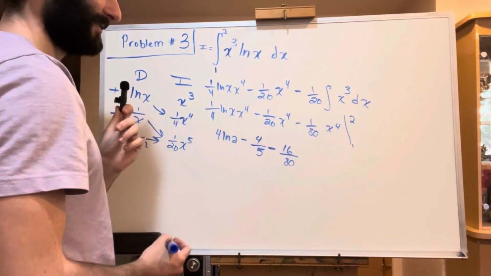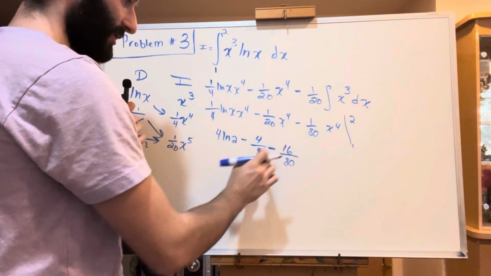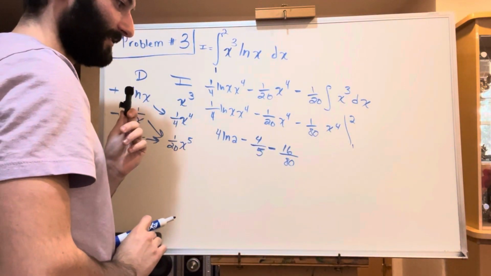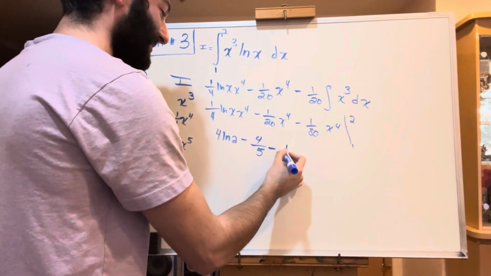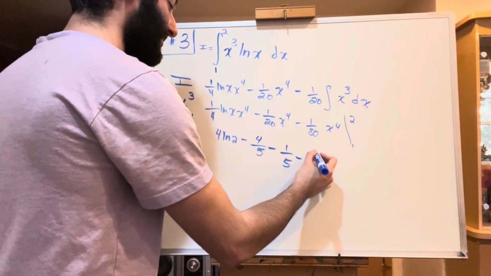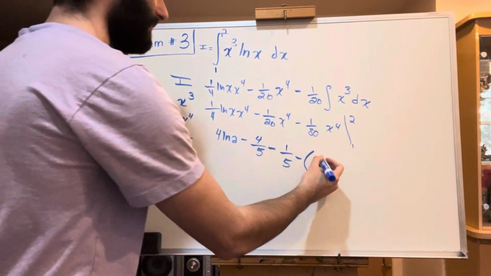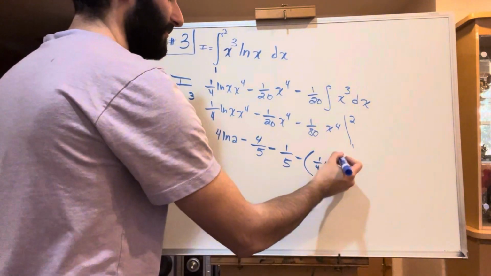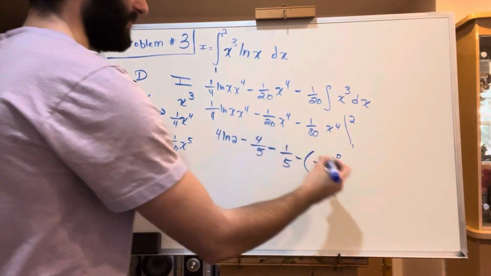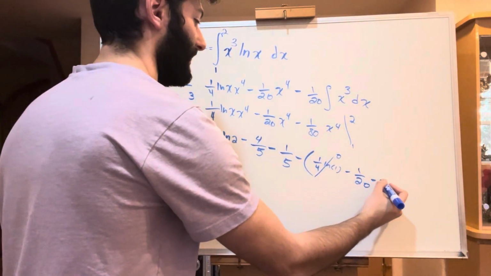We plugged in the upper limit. This just becomes a 1 over 5. 1 over 5. And then we subtract the lower limit, so this becomes a 1/4 ln of 1. Oh, that just goes to 0. Then we get a 1 over 20, minus 1 over 20. And then we get a minus 1 over 80.